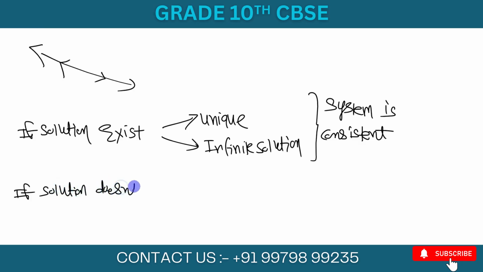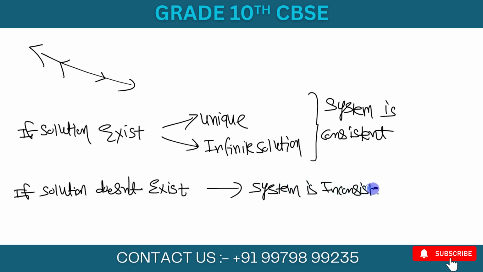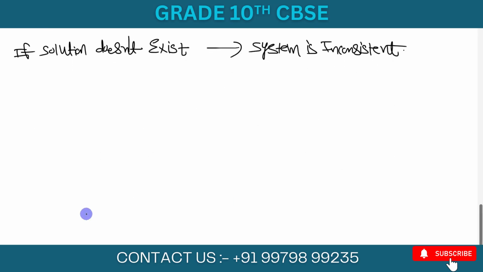And if a solution does not exist, in that case you can say the system is inconsistent. So being consistent means a solution exists. It can be unique or infinite, but in both cases the system is consistent. And if a solution does not exist, the system is inconsistent.